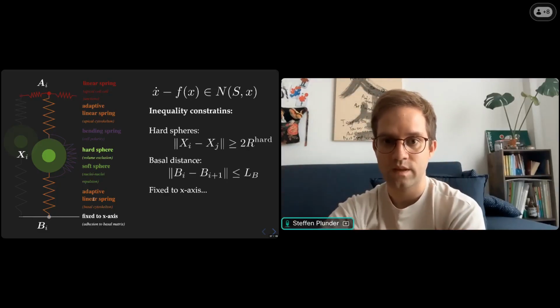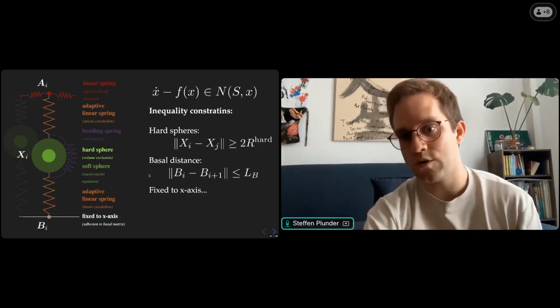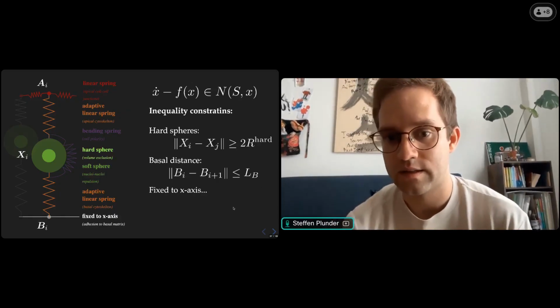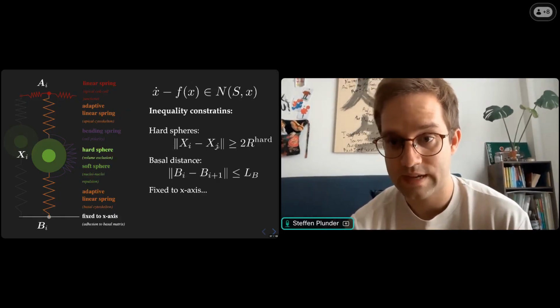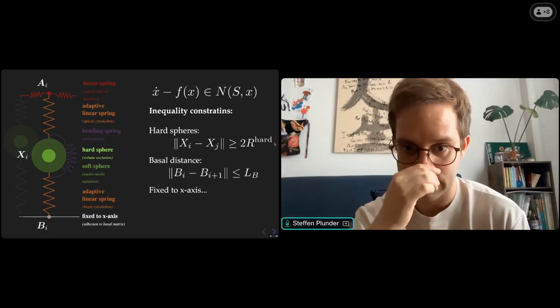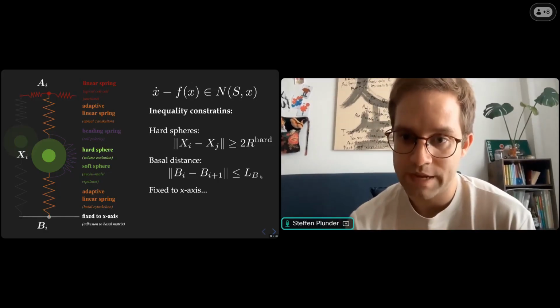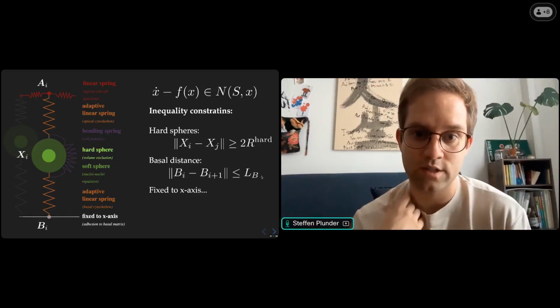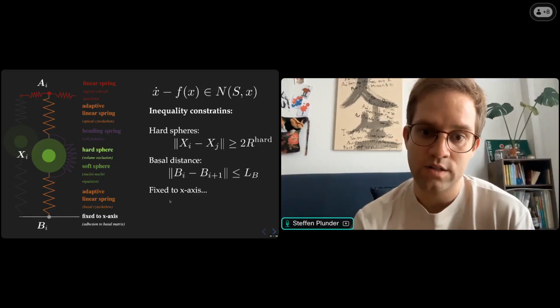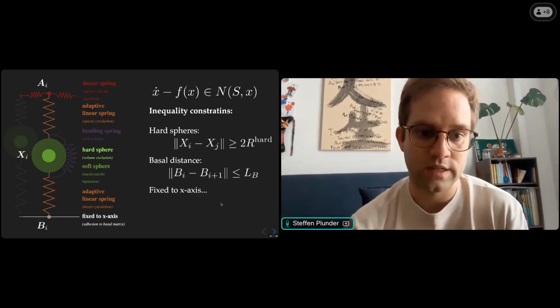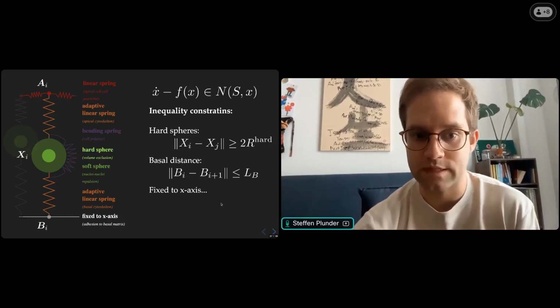neighbor. So in terms of differential inclusion, that means that I have the hard sphere inequality constraint, and I have the basal distance inequality constraint, and also there were some other inequality constraints which we added for experiments.